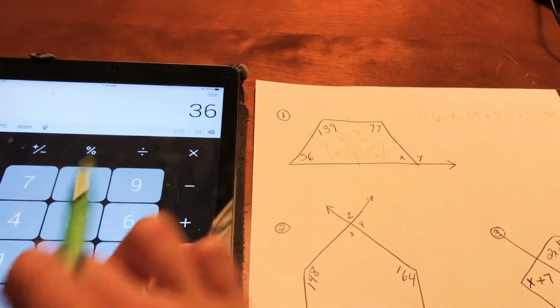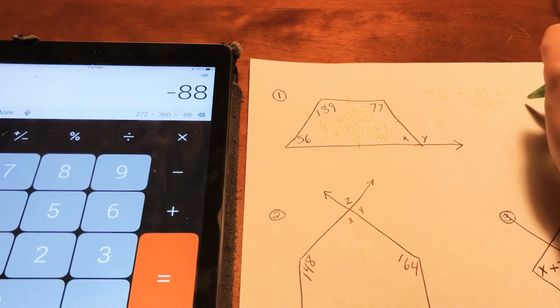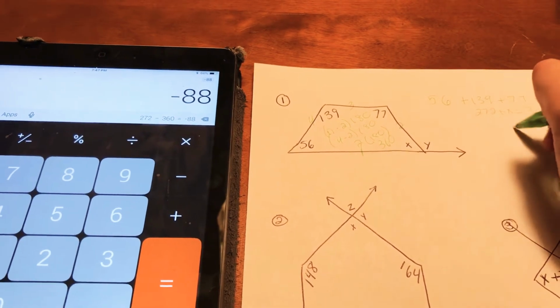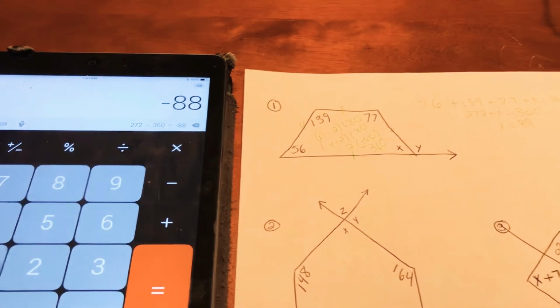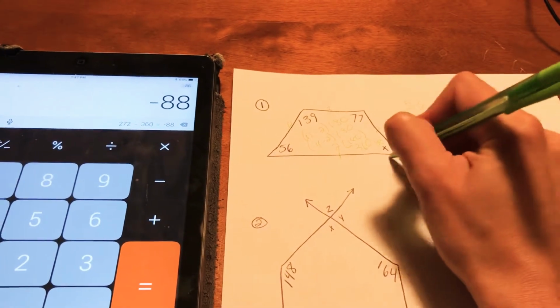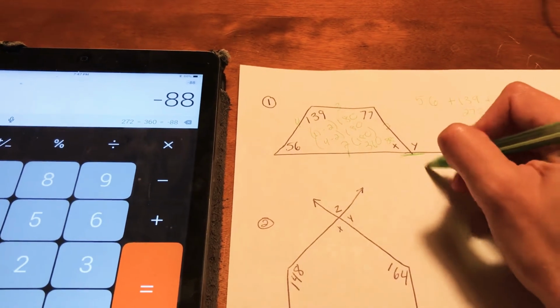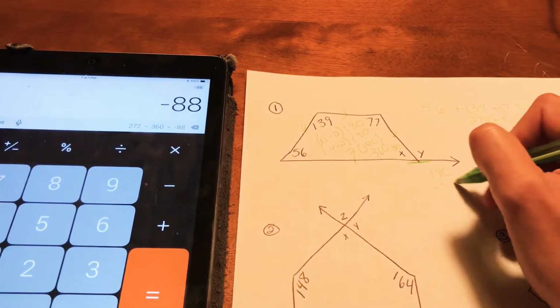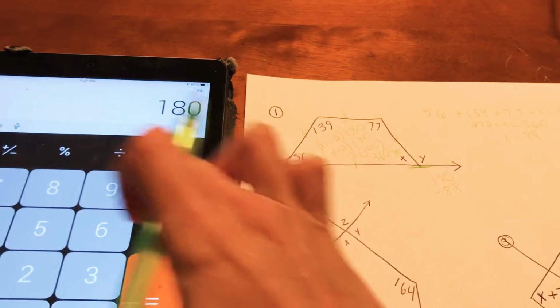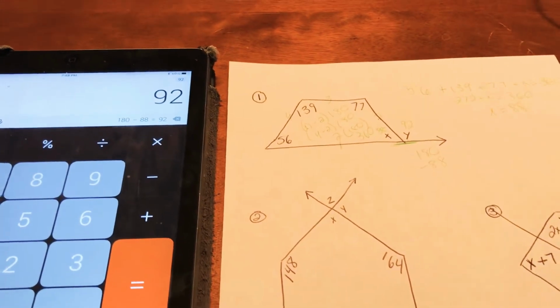And then I'm going to subtract that from 360, and when I do that, I get 88. So x is equal to 88. To figure out y, the interior and the exterior angles make a straight line, and lines have to equal 180. So 180 minus 88 will give us y, and we get 92.